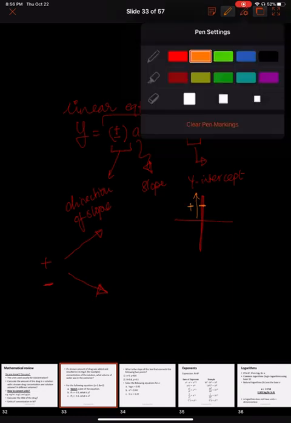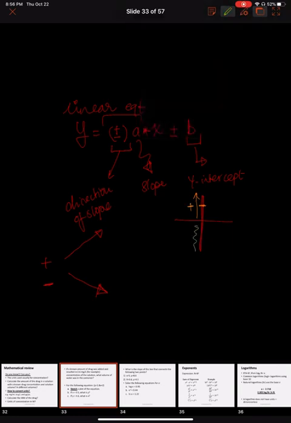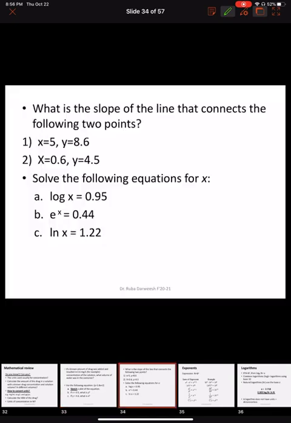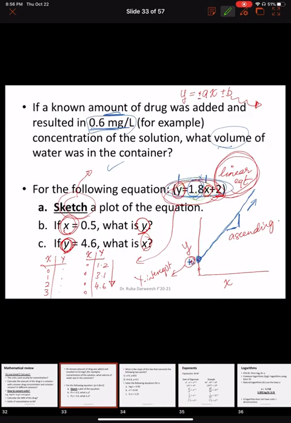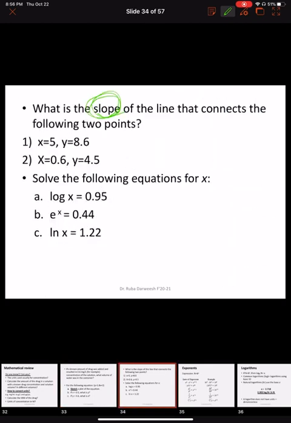If it's negative, it would be here, okay? Y-intercept. So this is what you need to know, and I'm pretty sure almost all of you know this, but I need to highlight it, okay? If you have the equation, you need to know that this is your slope, which is 1.8.